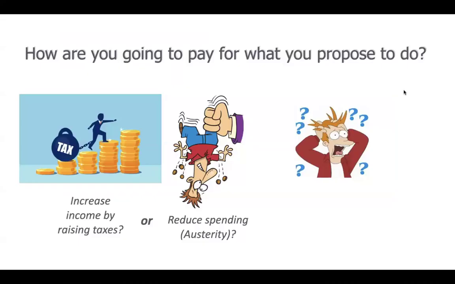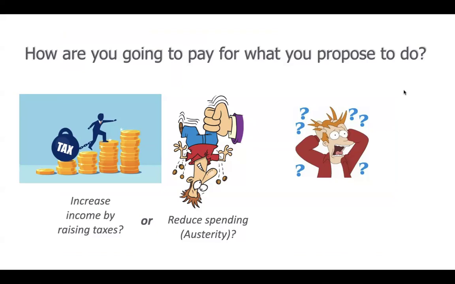The question that is put to politicians in election debates, particularly here in the UK, but probably elsewhere, is how are you going to pay for what you propose to do? We are all in difficult economic times throughout the world.